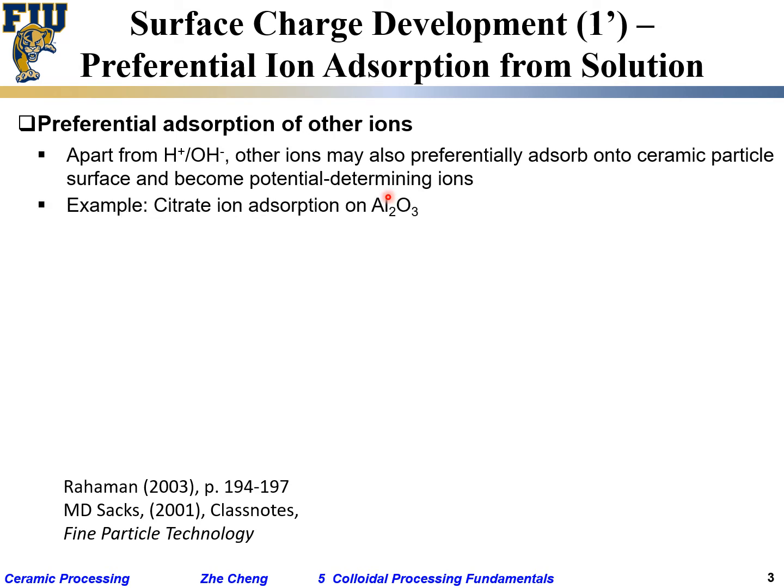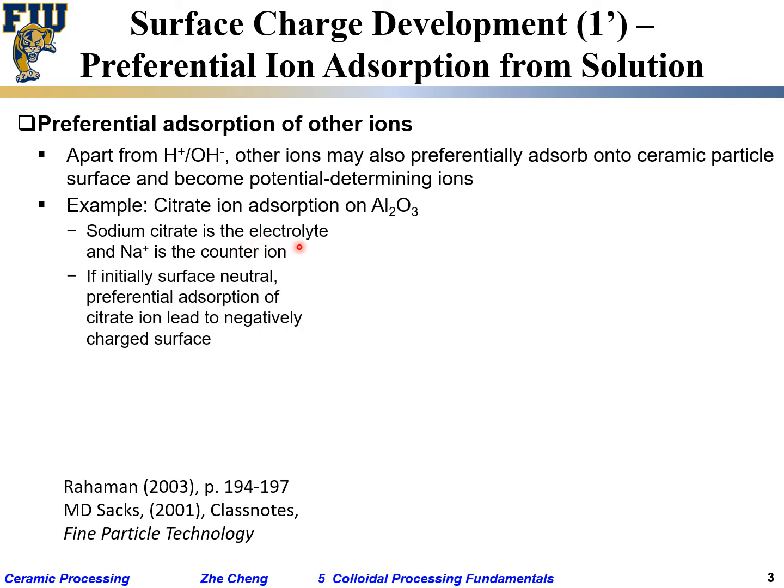Here we give one example, the citrate ion selectively adsorbing onto the aluminum oxide surface. Where does the citrate ion come from? We dissolve sodium citrate as an electrolyte into the solution. Sodium would be the so-called counter ion. The citrate ion is formed.